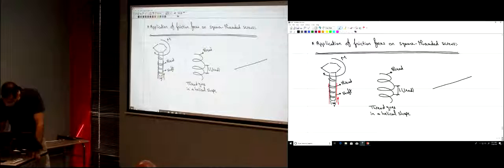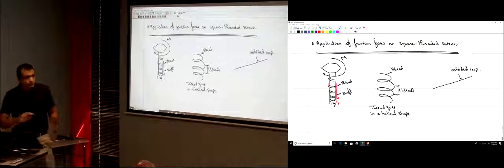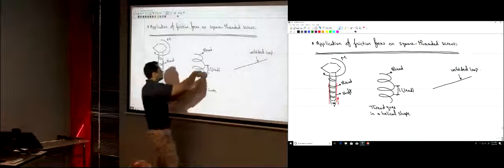This is the unfolded, or unraveled, loop. Just one. As you see, this loop goes up.